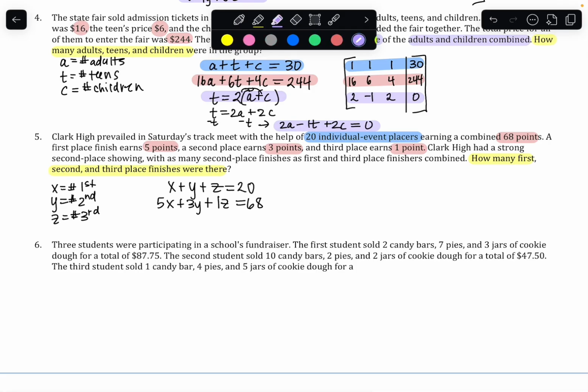And then there were as many second place finishes as first and third combined. So second place is first and third combined.